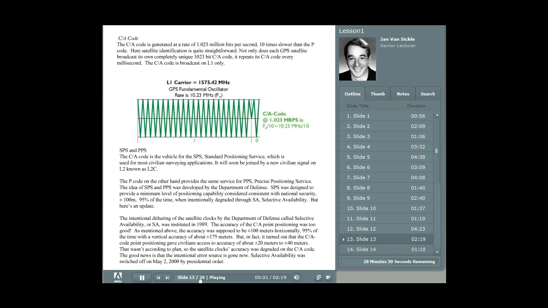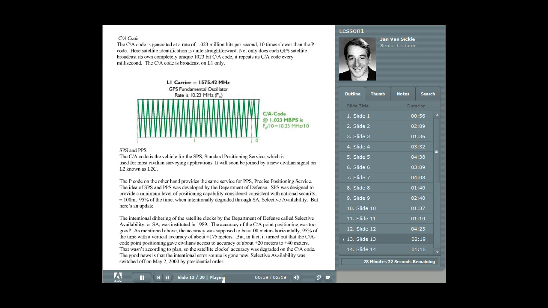Here we have the green line, and it's again the sine wave that only transitions when it reaches that center line, goes through a phase shift, and then the code chip goes from the 1 to the 0. The fundamental clock rate is 10.23 megahertz, but the C/A code is generated at 1.023 megabits per second.